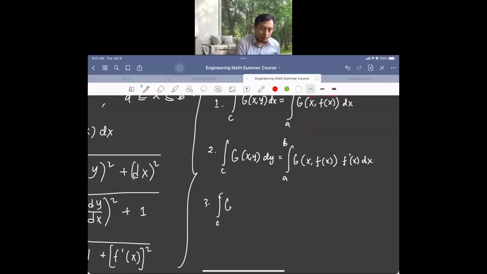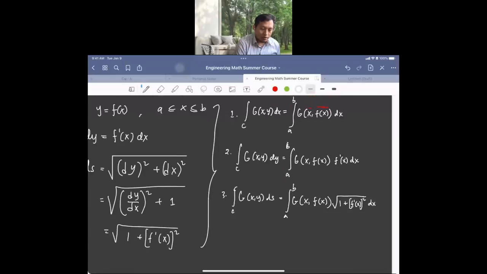Okay. And the third one, if you want to take the arc length, you can change g(x, f(x)), and then this becomes the square root of 1 plus f prime x squared dx.